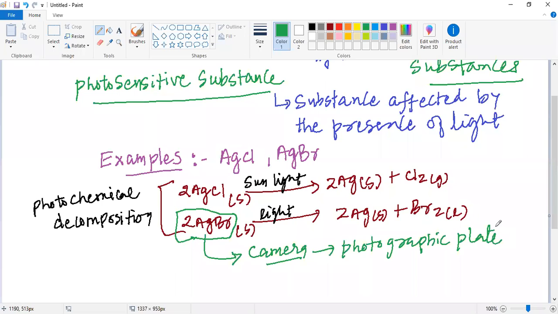This photographic plate generally has a paste of AgBr. Silver bromide is used in photography.